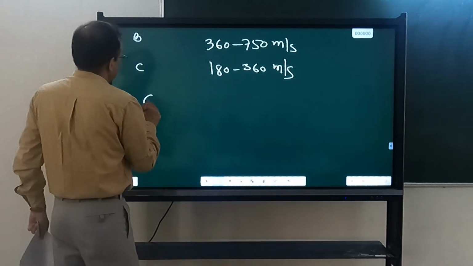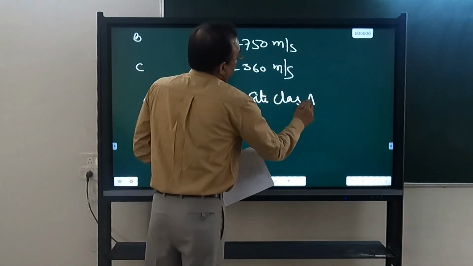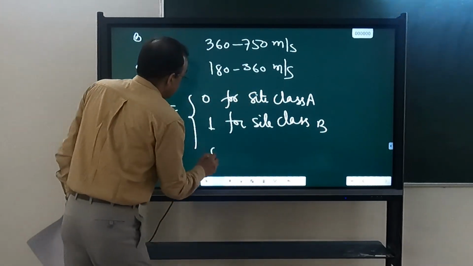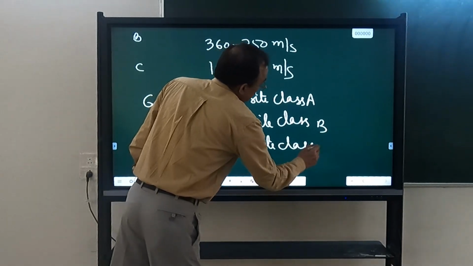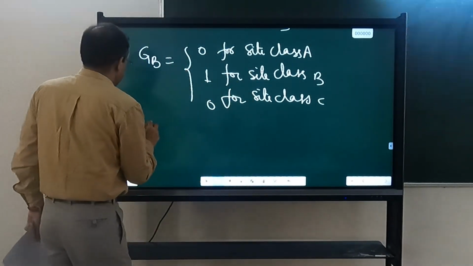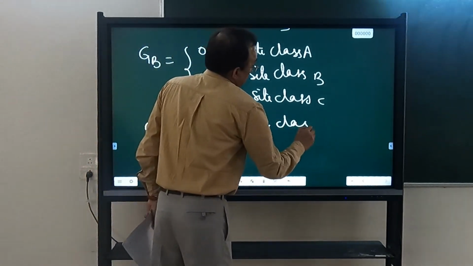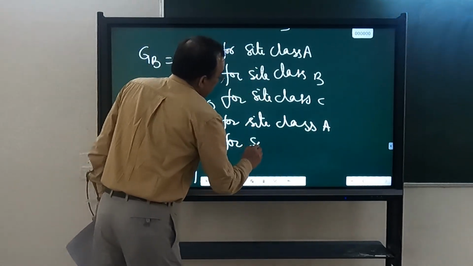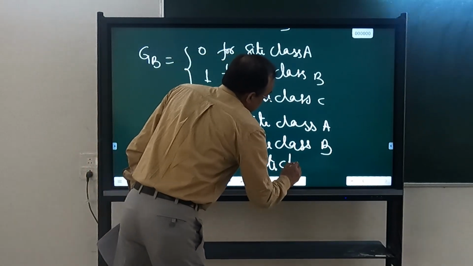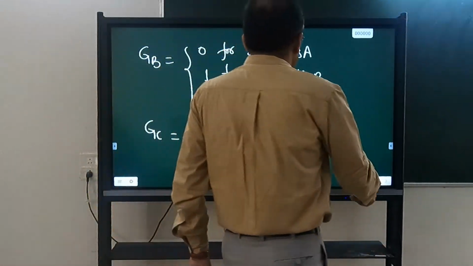The parameters GB and GC: GB is 0 for site class A, 1 for site class B, and 0 for site class C. Similarly, the factor GC is 0 for site class A, 0 for site class B, and 1 for site class C. What does that mean?